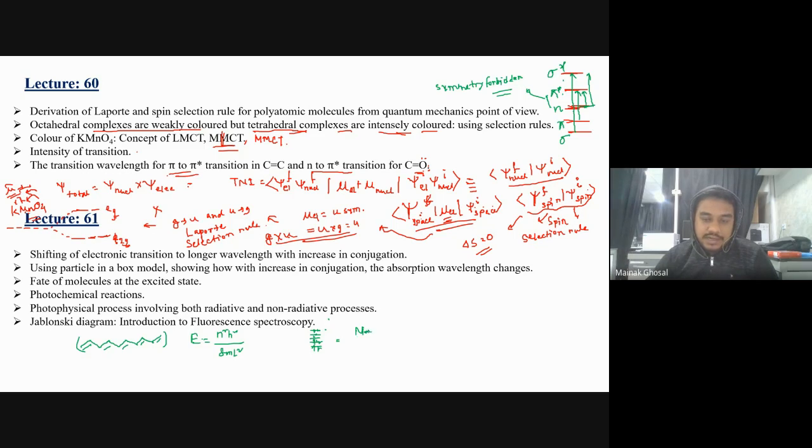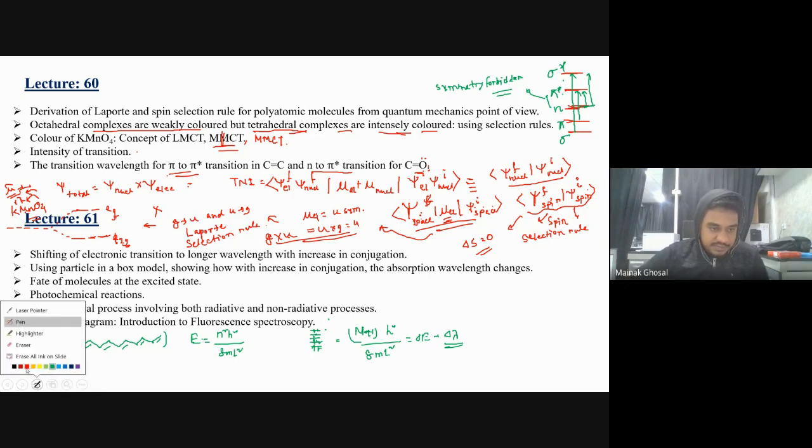You will get n plus 1 h squared by 8mL squared. This will be your delta E, and from delta E you can calculate lambda, the wavelength of light associated with that transition. So this shows, using the particle in a box model, how an increase in conjugation increases the absorption wavelength.